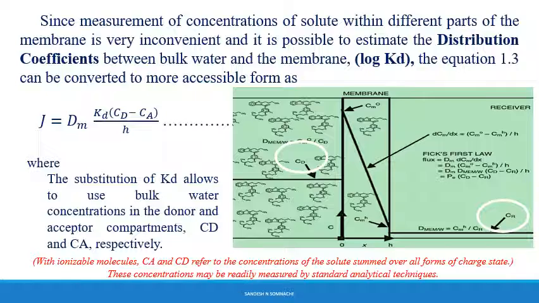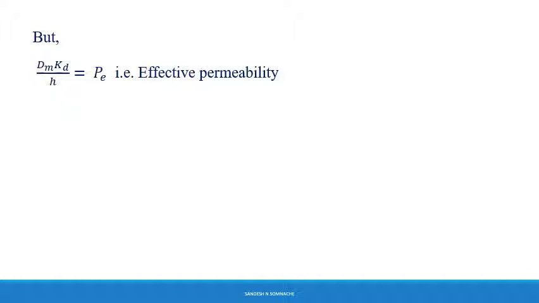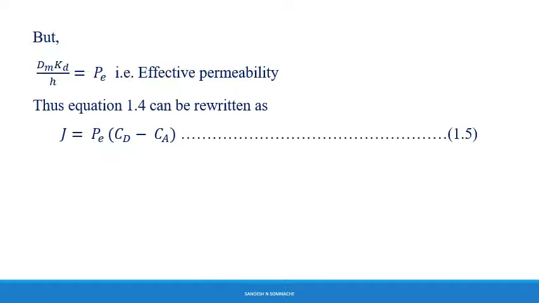But as we know, Dm Kd upon h is the permeability, so we can rewrite equation 1.4 as J is equal to PE into CD minus CA.